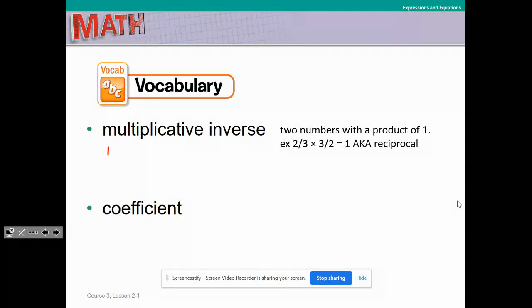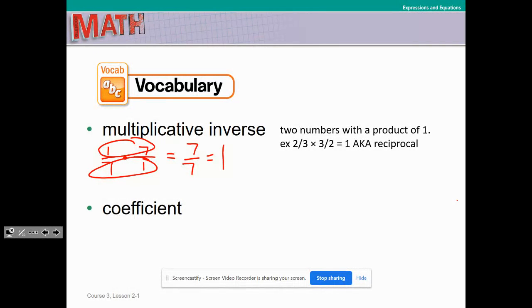If I had 1/7 times what would equal 1? Well, if I multiply by 7/1, then this and this are the exact same thing, and I get 7/7, which equals 1. So 7/1, or the number 7, is a reciprocal of 1/7.